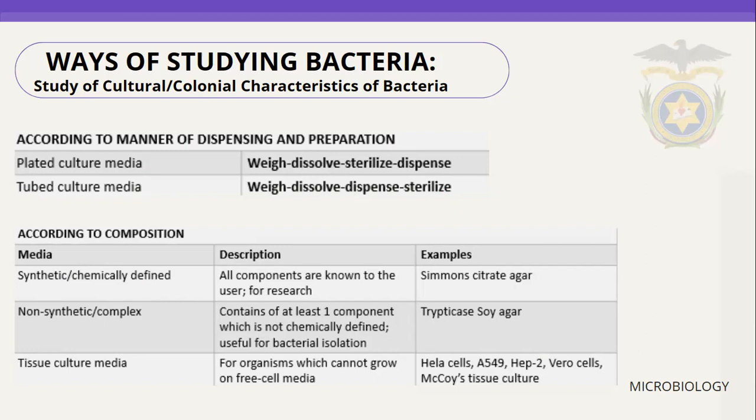Our example here is trypticase soy agar. And the last one is tissue culture media, and these are for organisms which cannot grow on cell-free media, and they are often used for viruses. Our examples here are HeLa cells, A549, Hep2, Vero cells, and McCoy's tissue culture.